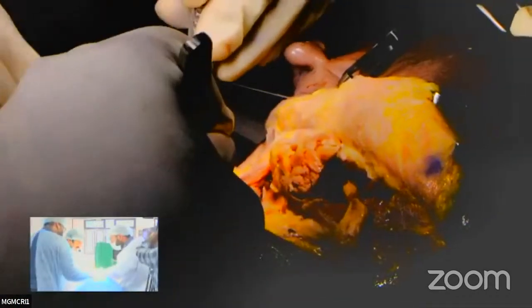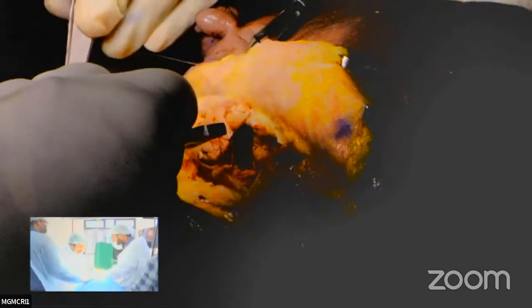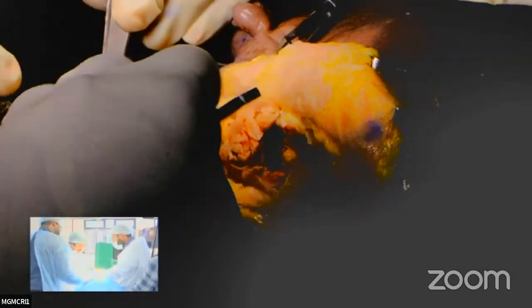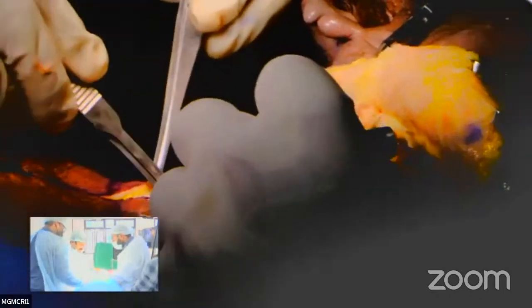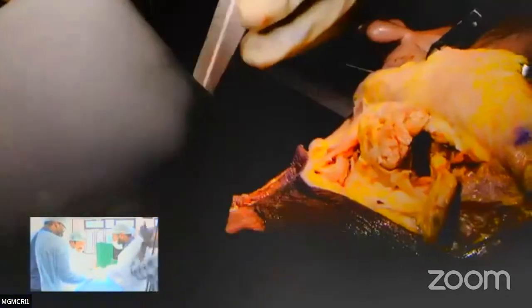Hold it. Then you cut the platysma. Once you cut the platysma, you start raising the anterior flap. Since we have done a thyroidectomy, this will get into that incision as well.